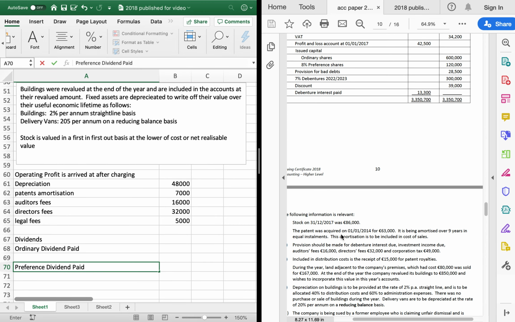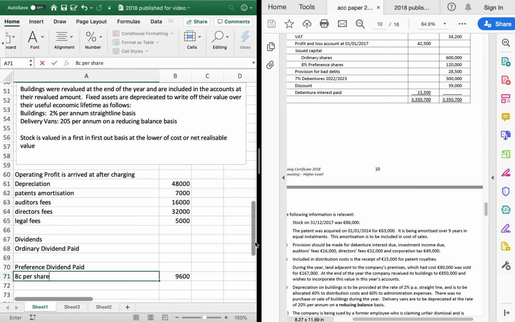Preference dividend paid, we are told they're 8% preference shares. So you have to assume we've paid them all. So 8% preference shares, it's 8% of 120, which is 9,600. Let me just say that is 8% or 8 cents per share.